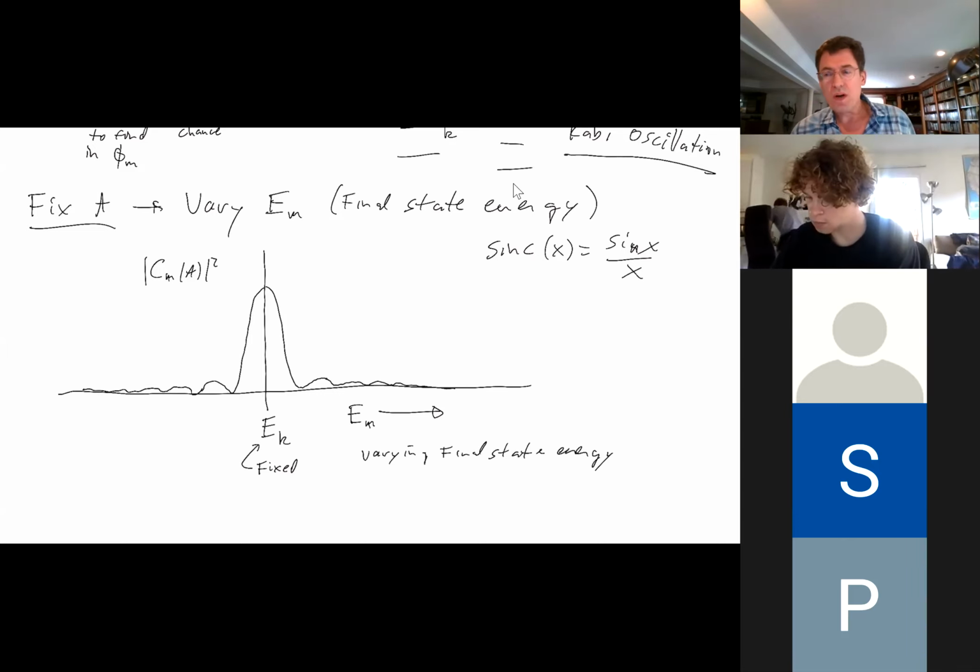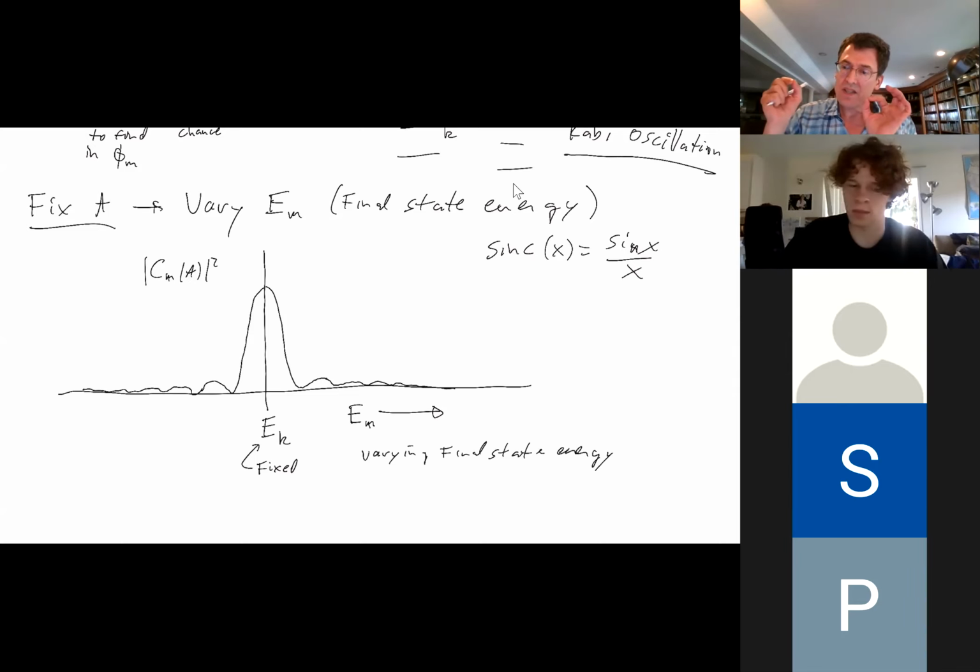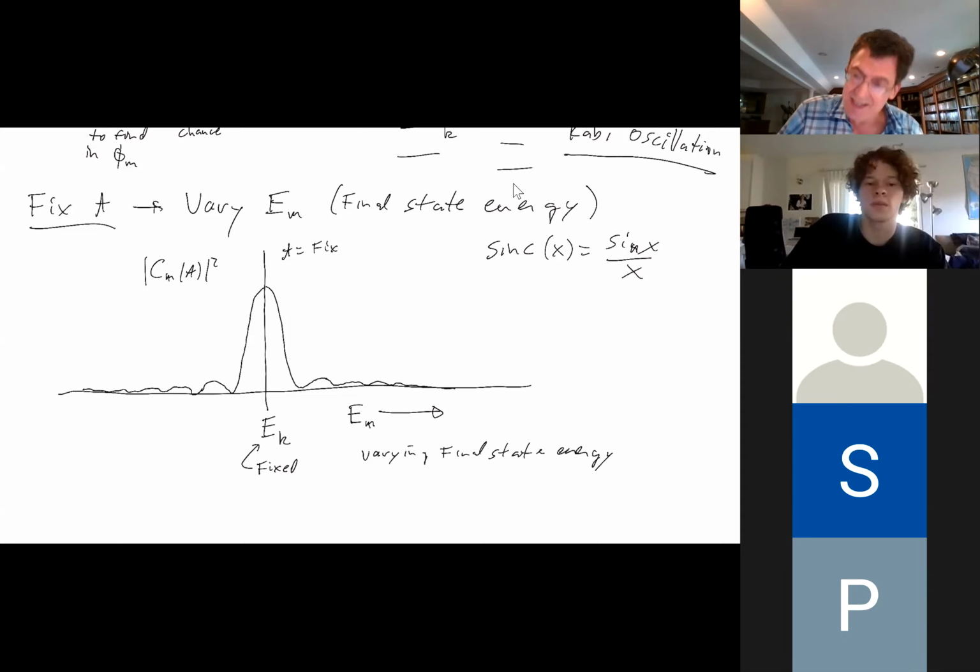And what I want you to see is that as I go further out in energy, then the probability at time t equals fixed becomes smaller. And why is that? There's a really obvious reason.